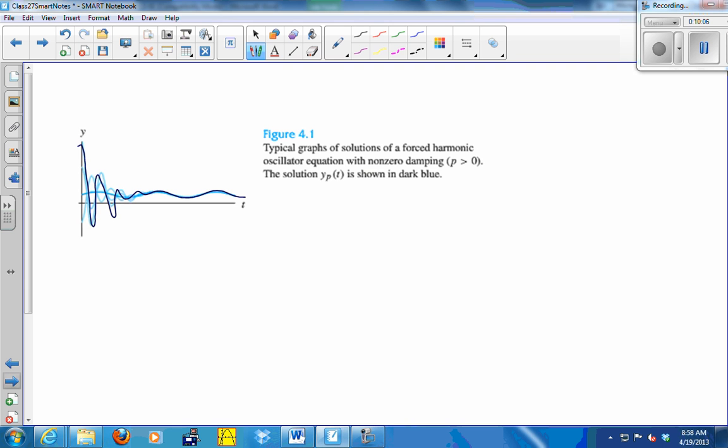The natural response is what the system would do without any external force, like if you just set the mass moving and the only forces acting on it are the spring and the damping.